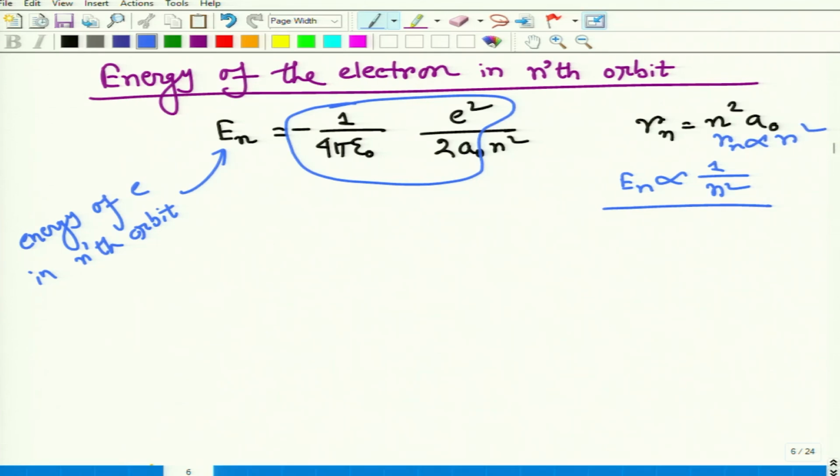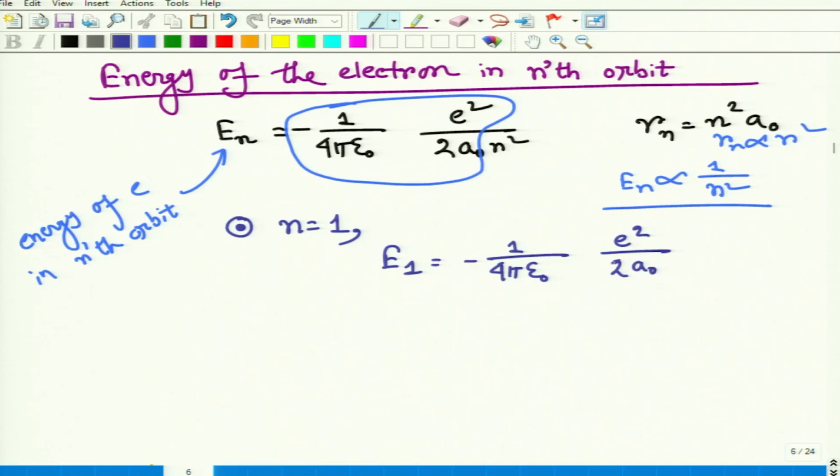Now for the ground state, n equals 1, that must be the ground state. Why? We will see it. So E1 should be e square by 2 a naught. This is the energy of the first state.